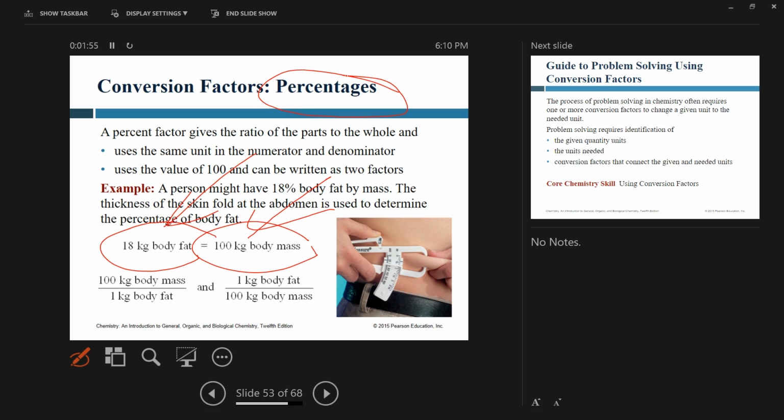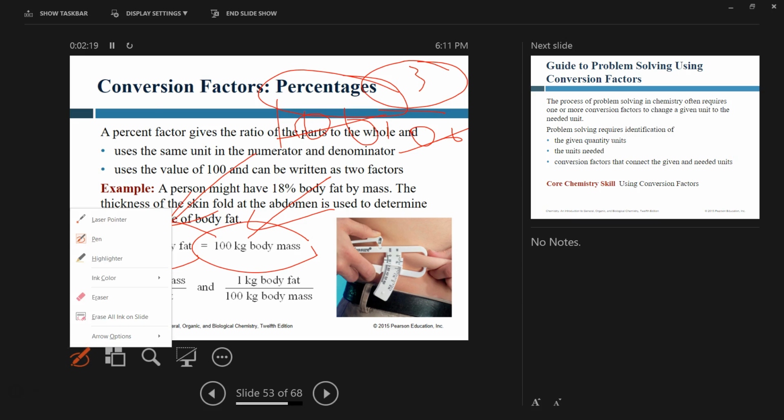Think, 3% means that it's 3 per 100. So the conversion factor is 3 per 100. So in 100 grams, it will be 3 grams. Does that make sense?